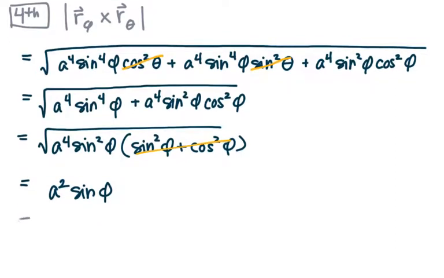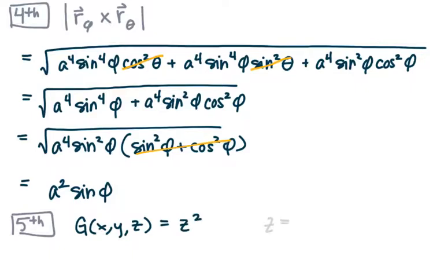So we need one more piece here. I need my g that was in terms of x, y, and z. I need to redefine that. So I had g of x, y, z equal to z squared. Now, what is z in terms of spherical coordinates? Well, that would be rho cosine phi.